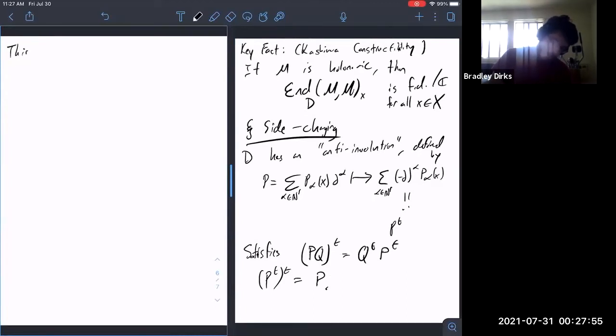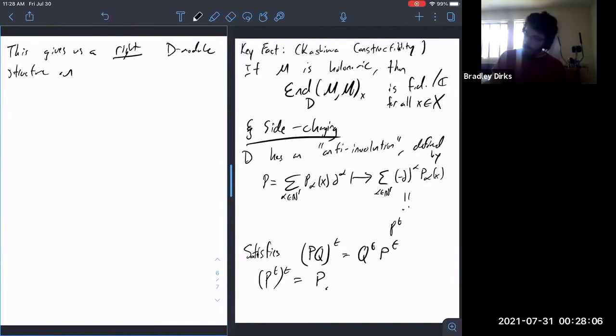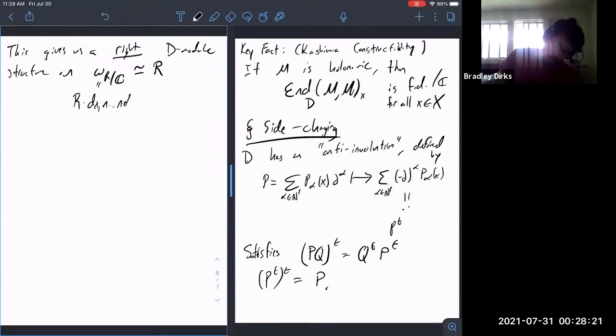Okay, but now, this gives us a right D-module structure on omega of R over C. This is just isomorphic to R as an R-module because we're just working with the polynomial ring. So this should really be R times dx1 wedge through dxn. You can think of this as sort of another formal symbol if you really want to.